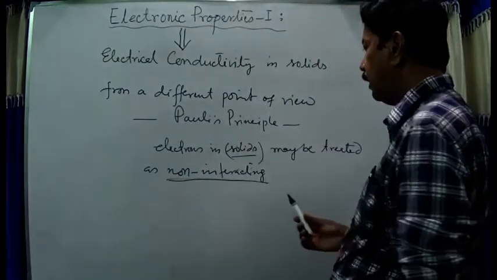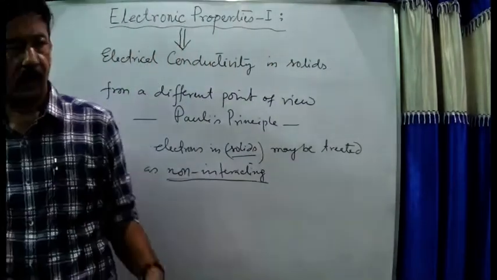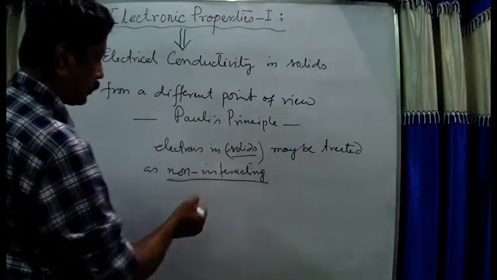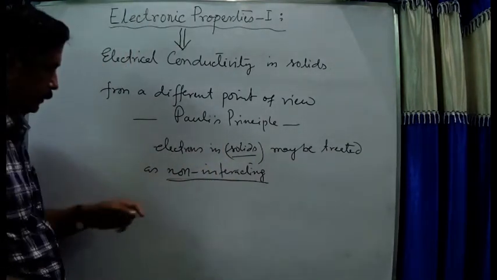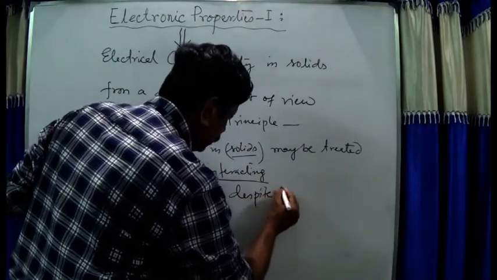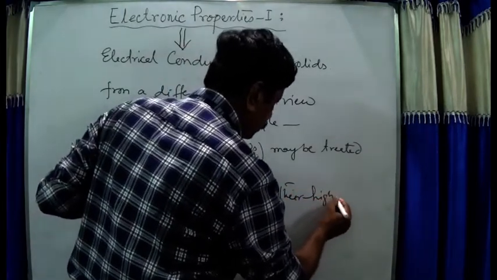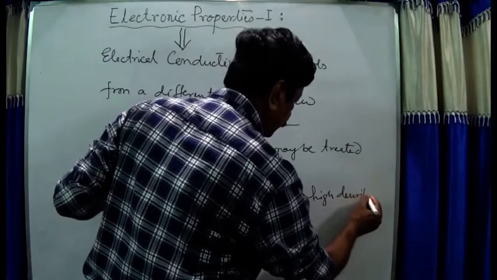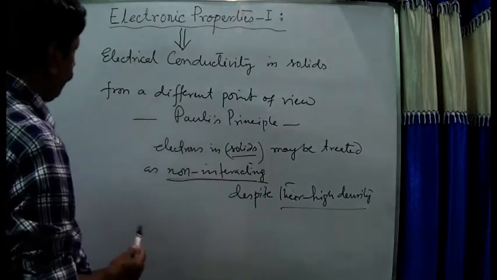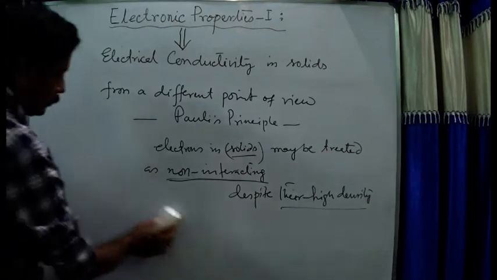We know that despite the high electronic density, the electrons are treated as non-interacting. So despite their high density, right? So finally, what can we conclude?